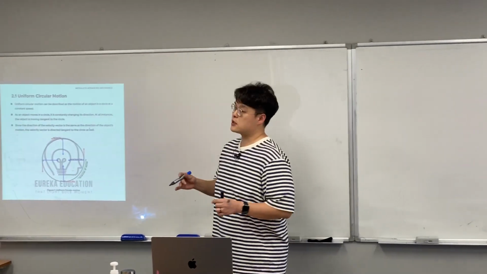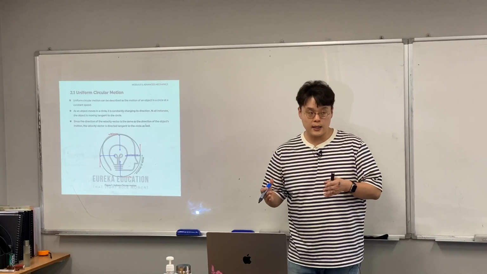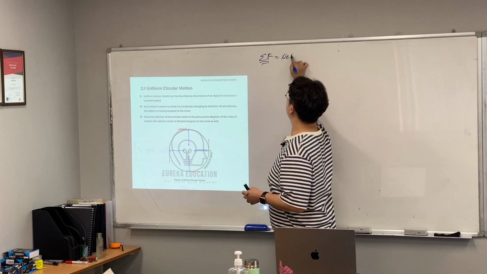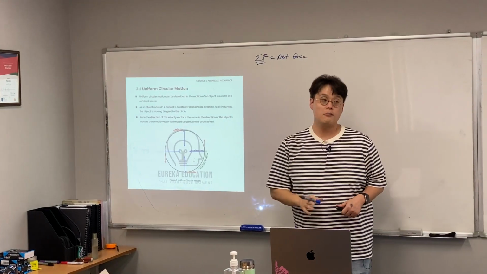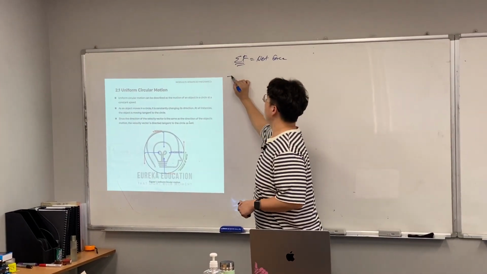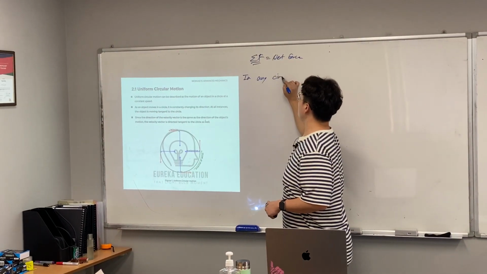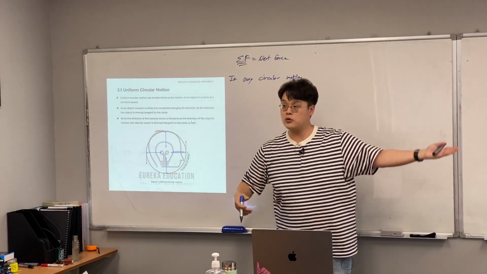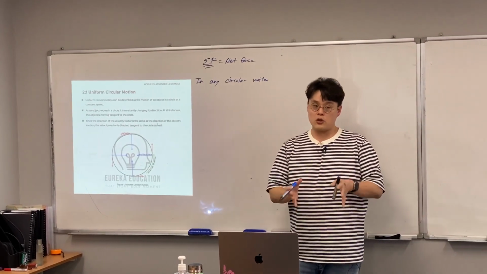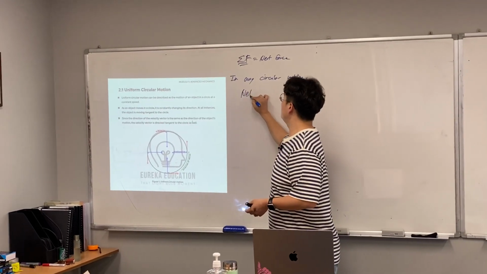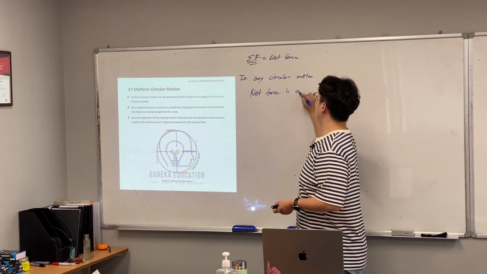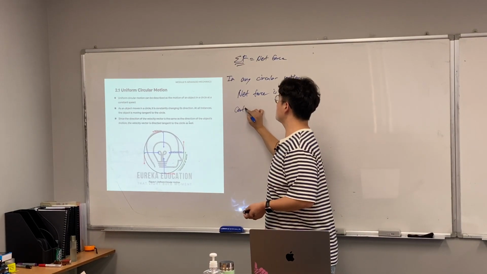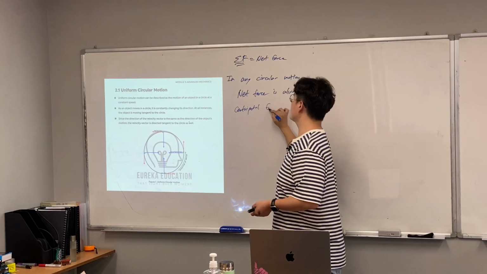Remember that Newton's second law is not just F equals ma, it's more about the net force. But remember one thing, in any circular motion, I don't care whether that's at the planet level or the sun's orbiting, in any of the circular motions, the net force is always the same as something called a centripetal force.